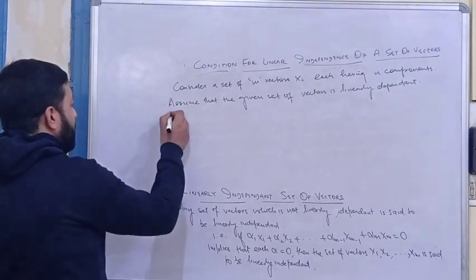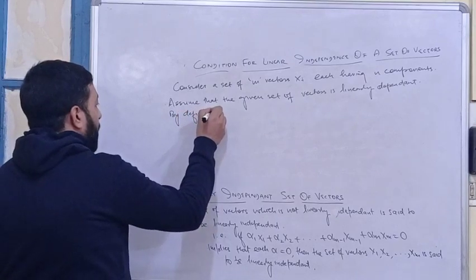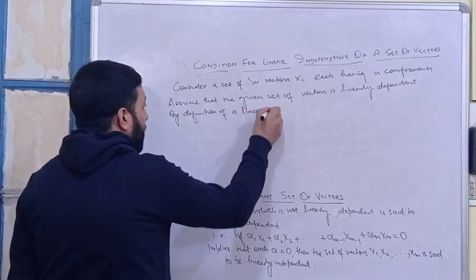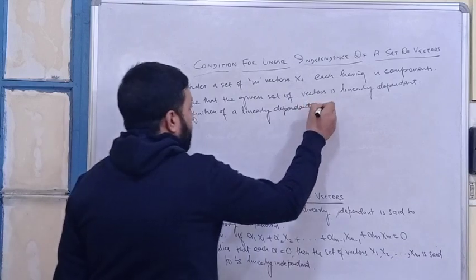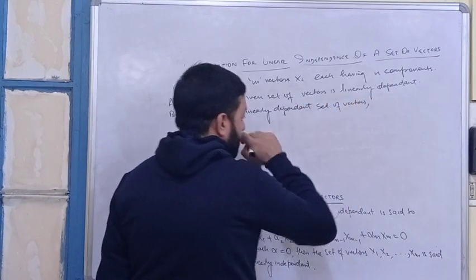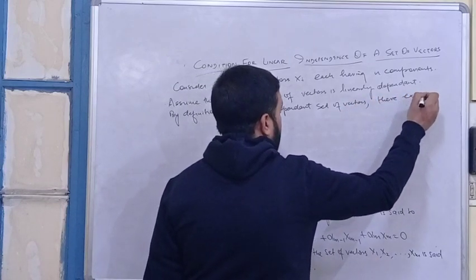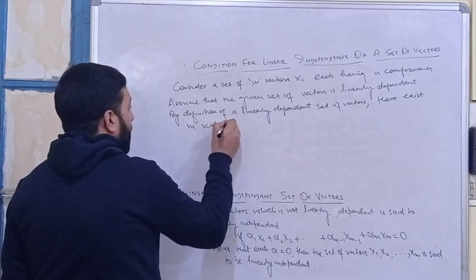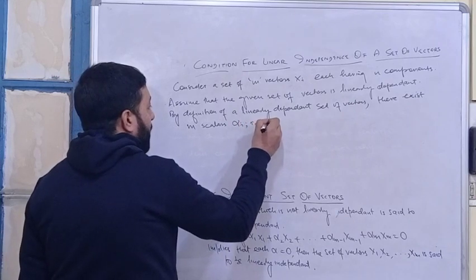So by definition of a linearly dependent set of vectors, there exist m scalars alpha i with i running from 1 to m, है ना?